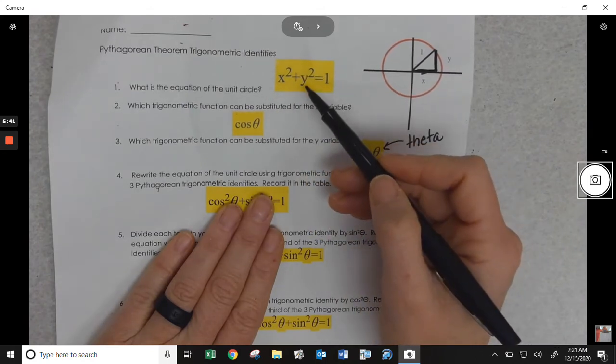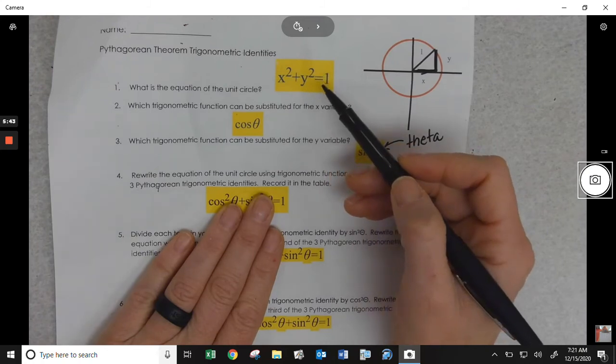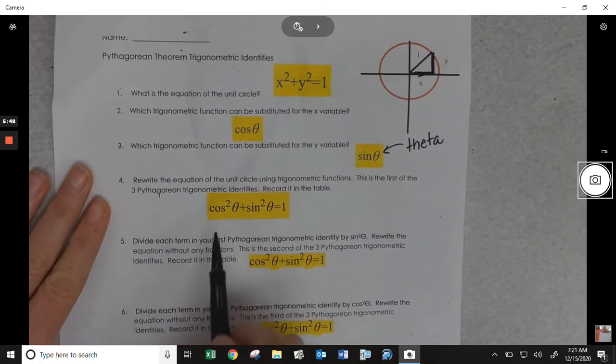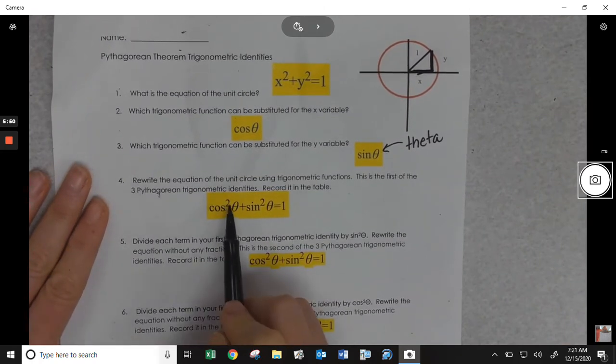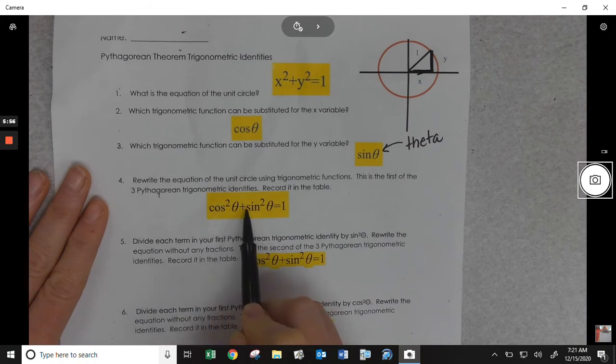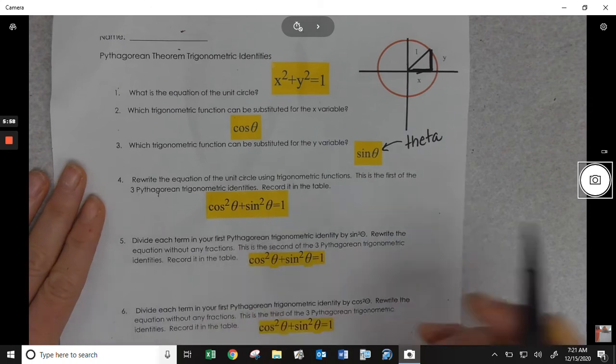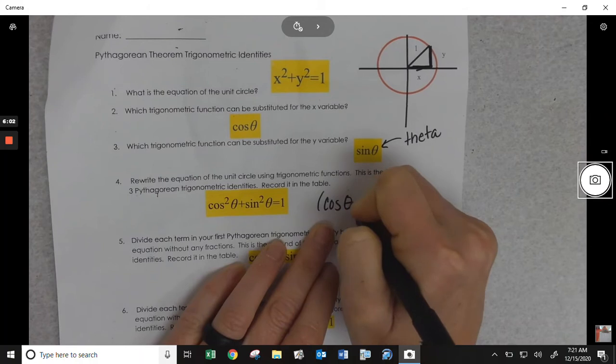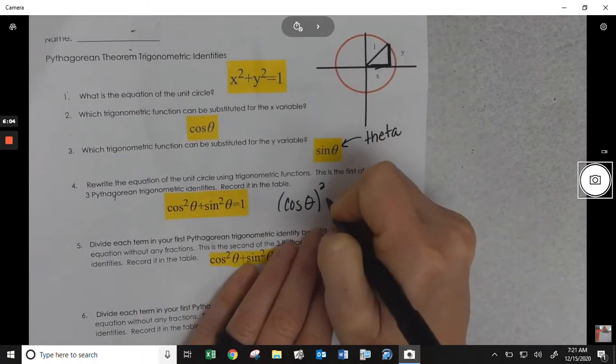And instead of y squared, it is sine theta squared. In trig, when we need to square something, we write the square between the trig word and the argument. So it's cosine squared theta plus sine squared theta equals 1. You could write it like this, although I will tell you that you would rarely see it this way.